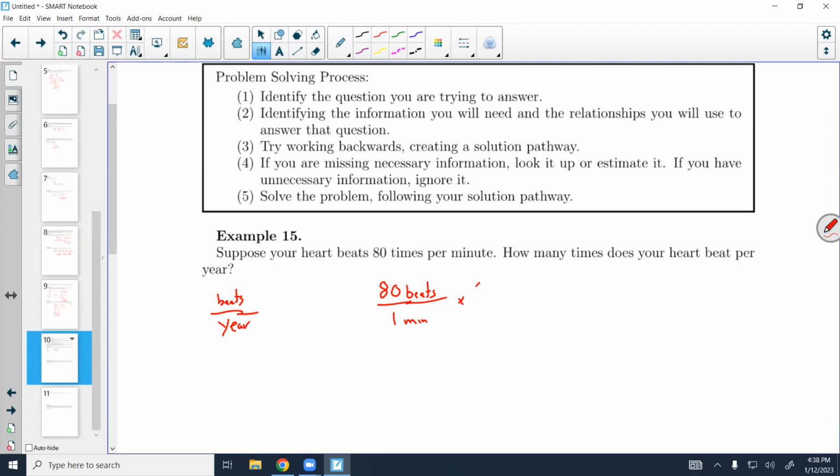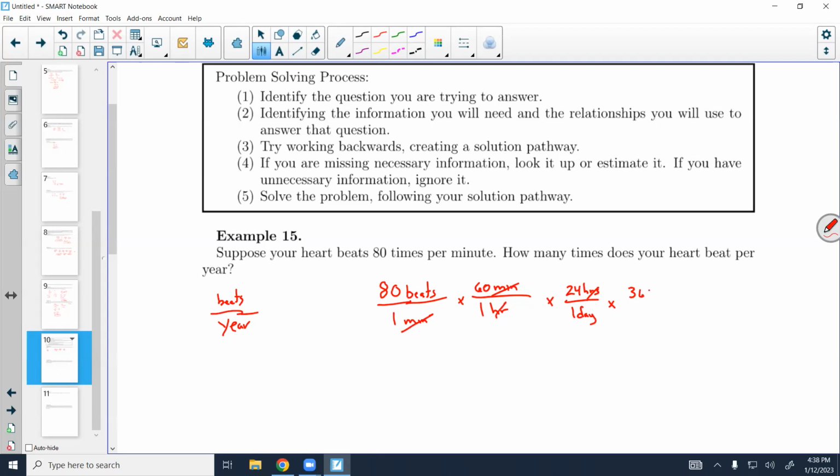So there are 60 minutes in 1 hour, right? That cancels out the minutes. There are 24 hours in 1 day. So that gets rid of our hours.